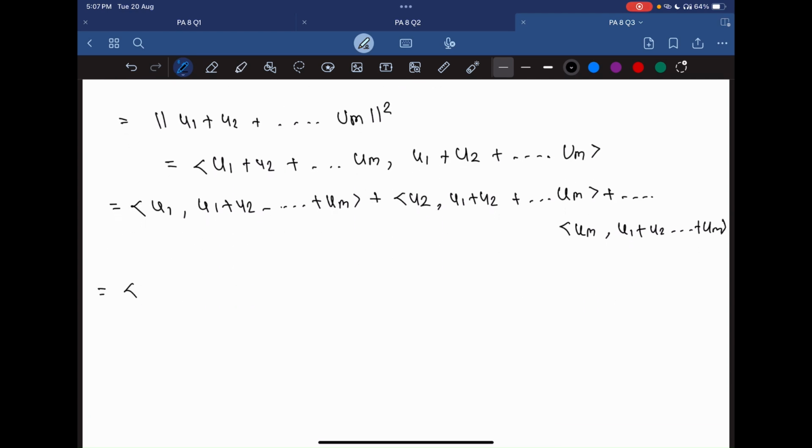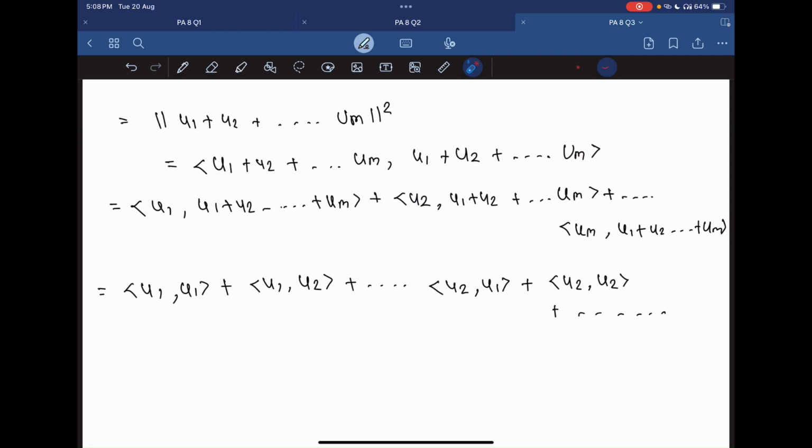And again we can write it as u1 inner product with u1 plus u1 inner product with u2, and for this we will write u2 inner product with u1 plus u2 inner product with u2 and so on.